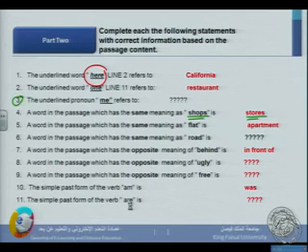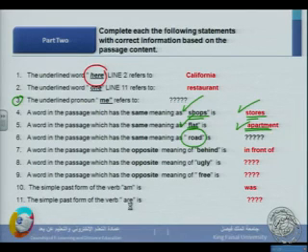A word in the passage which has the same meaning as a flat, it was apartment. These are the meanings of words in the passage. Stores and apartment mean shops and flat. Also we had road. What is the meaning of road? You should go back to the passage and find a word just like the meaning of this word. Okay, I will leave all of these to you now.